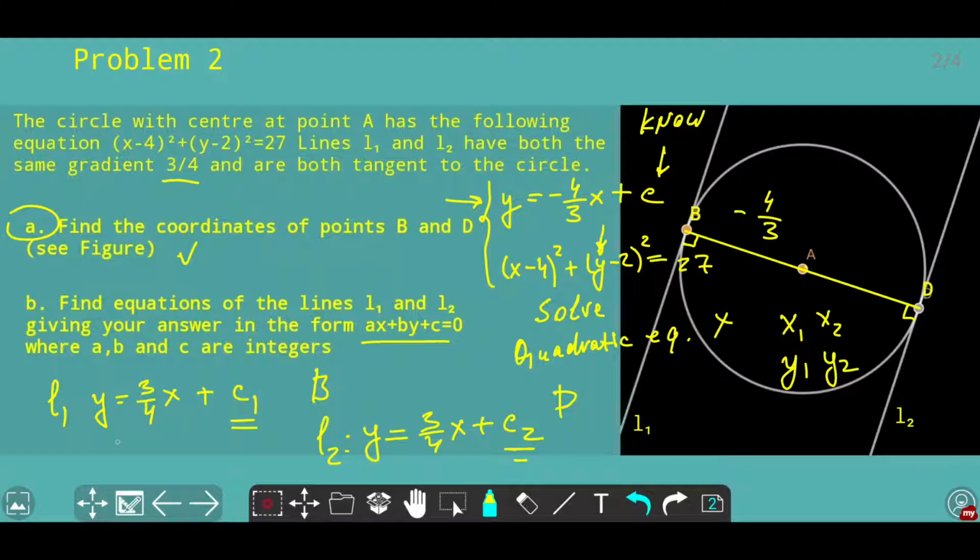And the right side will be equal to 0, okay? That's the strategy, and that's the final answer for part B. I hope you got it. So this is my short explanation.